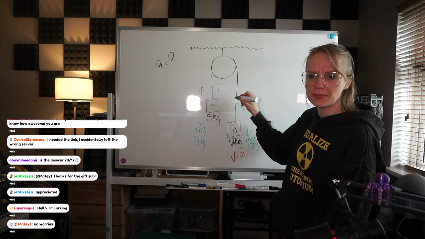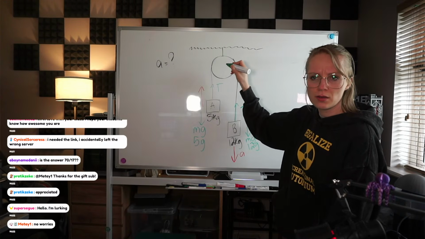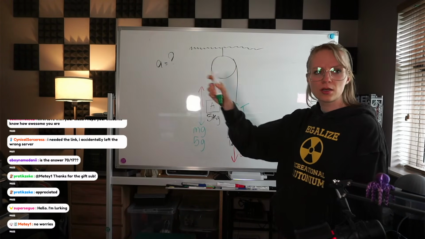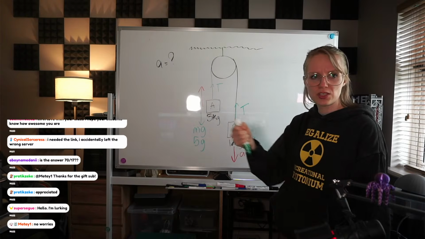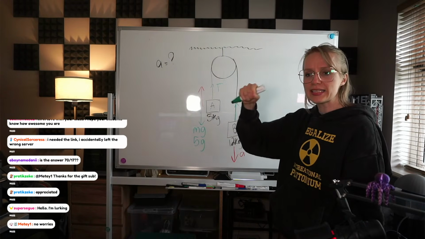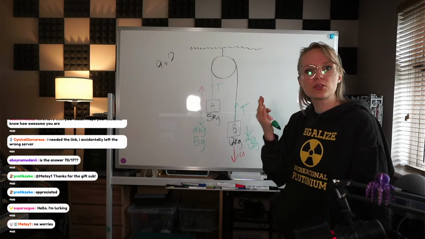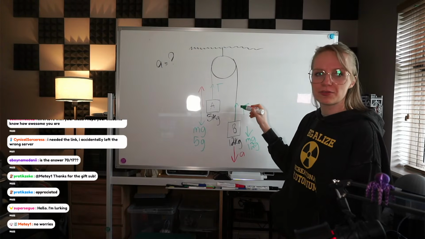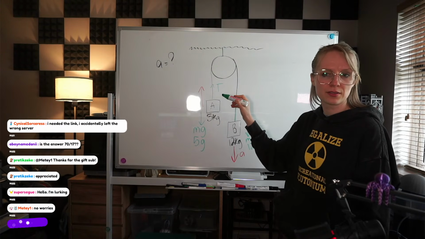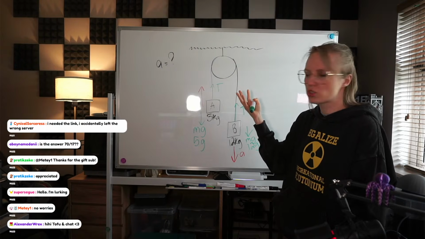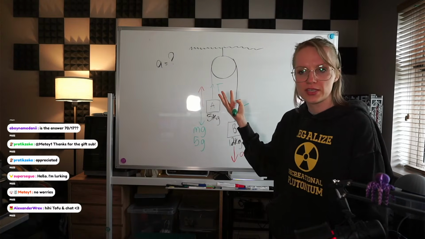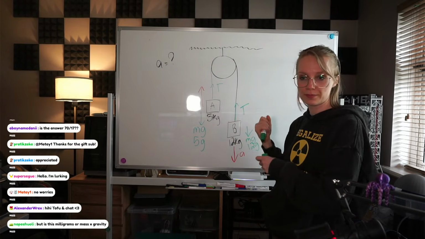If this is the same string all the way through, if I am tugging at the string this way and you're tugging at the string that way, at any given point on the string, the tension in the string is going to be the same. How could it possibly have a different tension here than over there? That just doesn't make sense. That's defying the laws of physics. Remember I told you to revise your 3 laws?